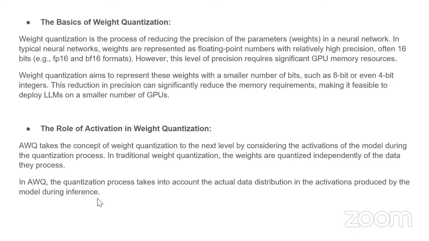Typically the weights are represented as floating point numbers with relatively high precision, often 16 bits, or FP16. However, this level of precision requires significant GPU memory resources. So if you have significant GPU resources, you can use this.